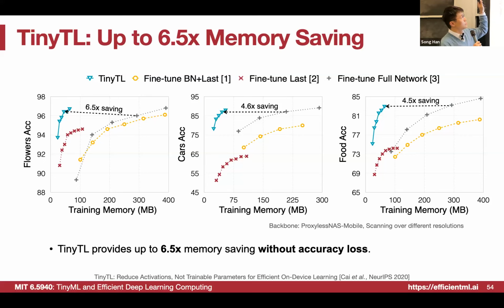Let's go back. So TinyTL gives up to 6.5x memory saving in this way. This is on the flowers, cars, and also food datasets. Here we have fine-tuning BN plus the last layer, this is fine-tuning the last layer only, and here we are fine-tuning the full network.